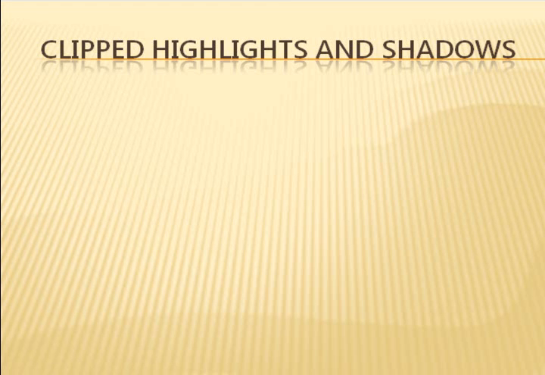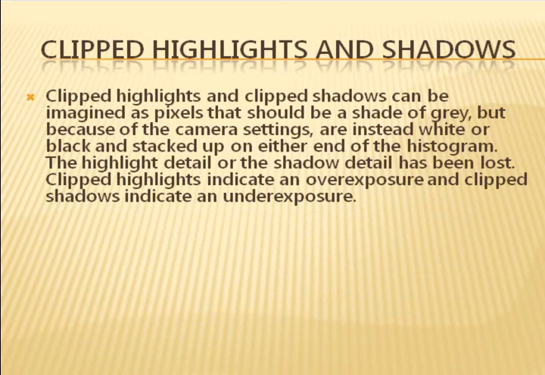But clipped highlights and clipped shadows can be imagined as pixels that should be a shade of gray, but because of the camera settings are instead white or black and stacked up on either end of the histogram. Now that was a whole lot of words. Let me go over that a little bit.